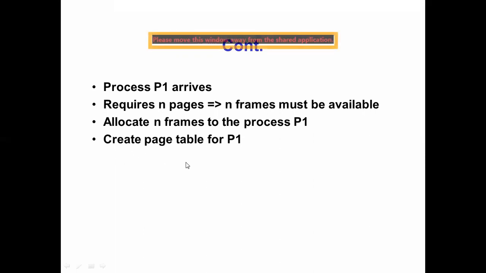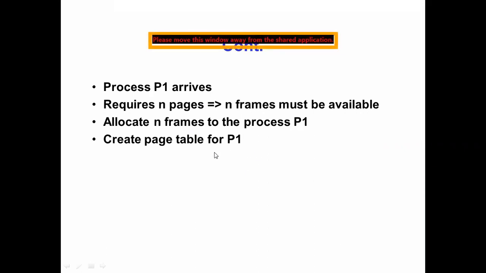The CPU always creates the page table after the process P1. Here we are doing the nomenclature P1, P2, P3, and so on. We are considering that this is the process P1. With n pages, there must be n frames. Allocate n frames to the process P1. For this first process, we are allocating n frames to run it.